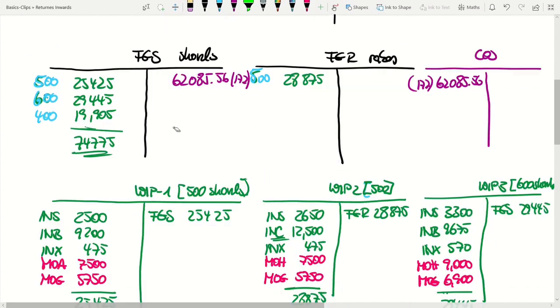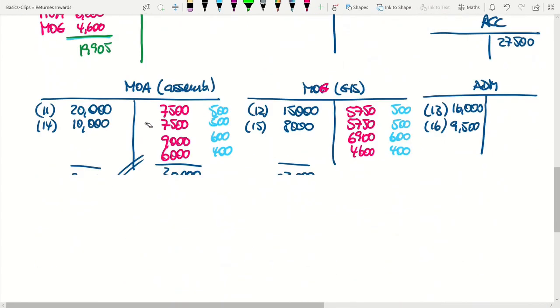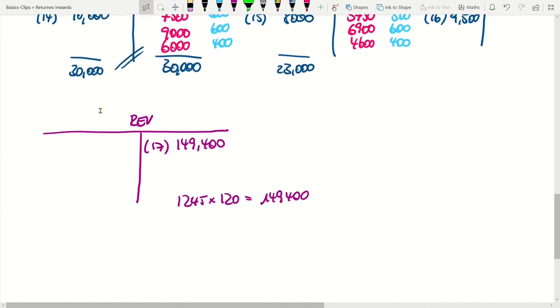Next, I want to record the sale of the rakes. That would be my bookkeeping entry 17.3. And I calculate the number of these rakes. It's 450, which I multiply with 120.